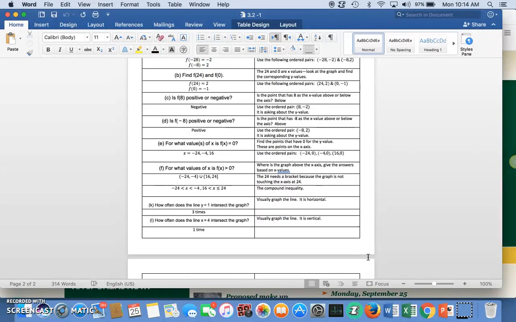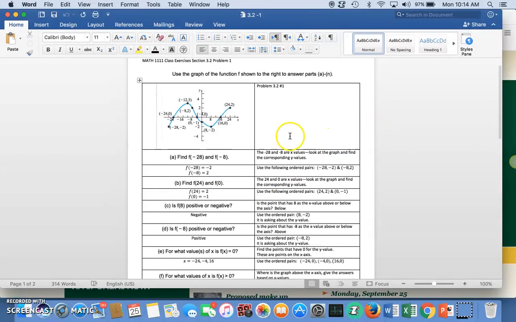And then it says, how often does the line x equals 4 intersect the graph? Well, that is the vertical line where all values are 4. If we go to where x is equal to 4, this is the line right here, a vertical line, and it only hits the graph right there 1 time.